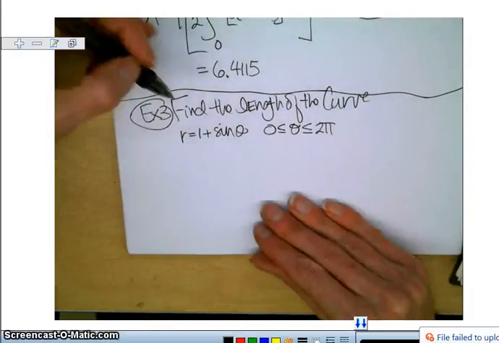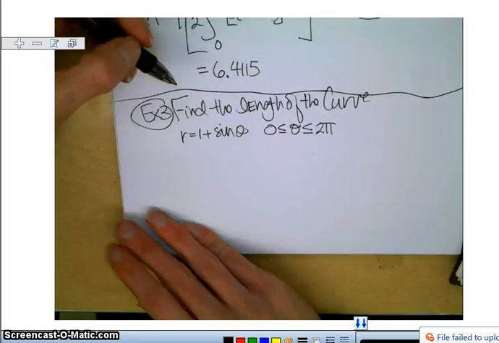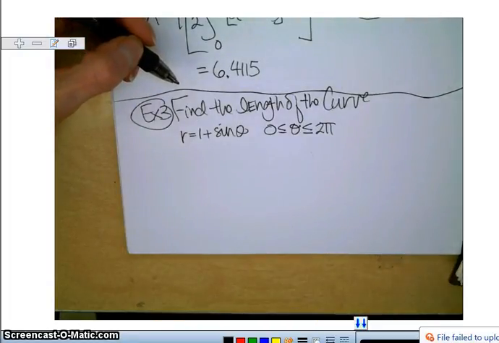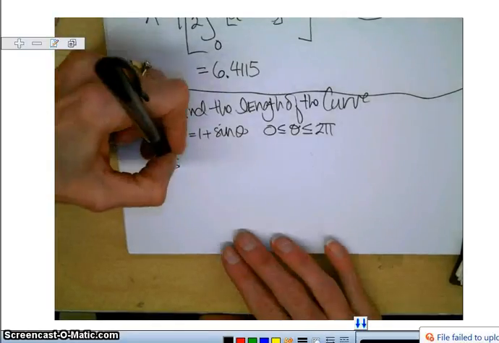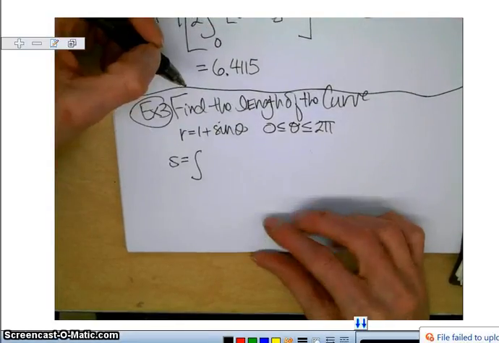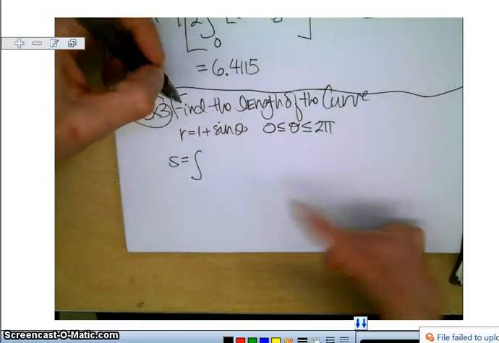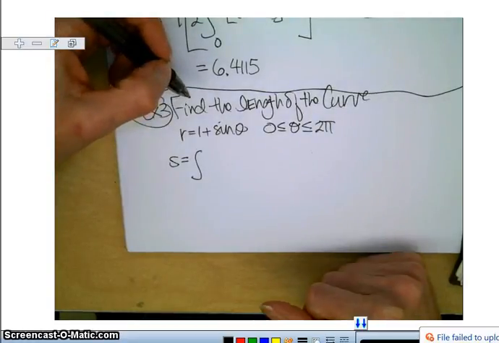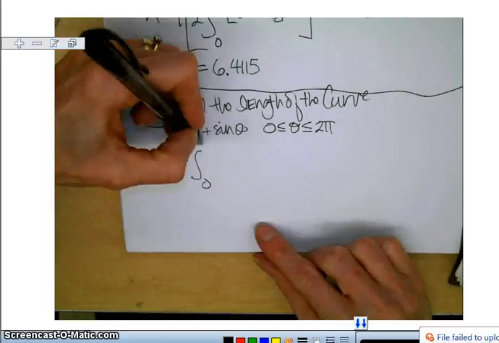Okay, so length of the curve, what's our formula? S equals the integral from, okay, what's our alpha and beta? 0 to, they give it to us.